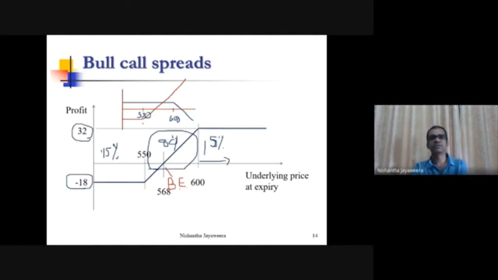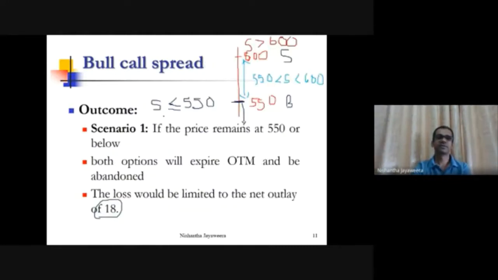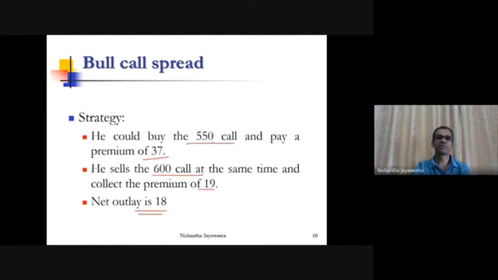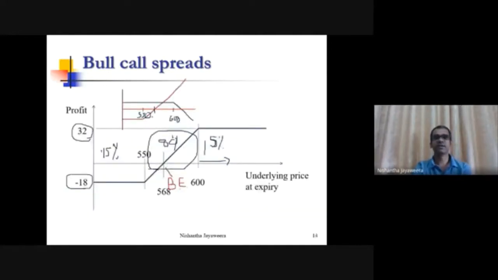If you just buy this 550 call option, what is this break-even point? Should be 587, because 37 is the premium for 550. Yeah, you have to pay 37. So you have to wait until 587 to make a profit.